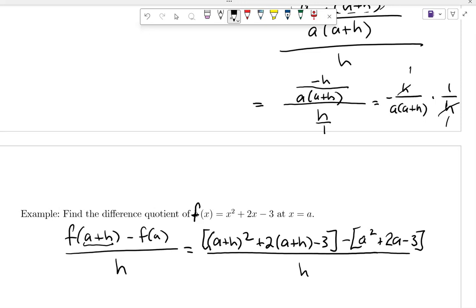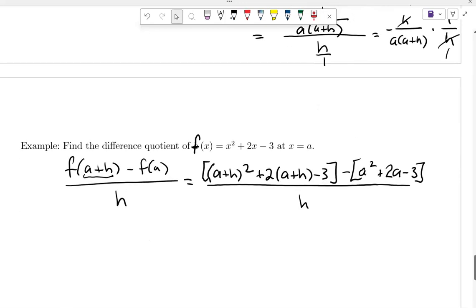I want to simplify the top. What do you think we want to do with each of these things here? What do you think I want to do with the a plus h? Multiply it out, right? Remember, you cannot just distribute the exponent. You've actually got to FOIL it, distribute everything. What do you get when you FOIL out that part? Plus an ah, yep.